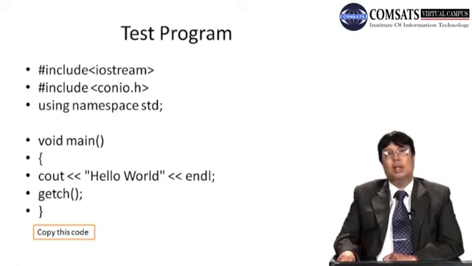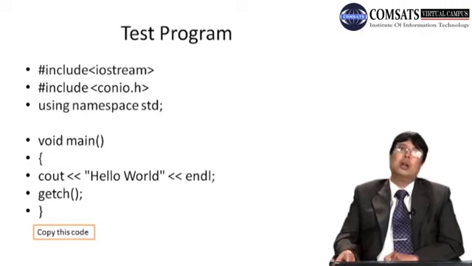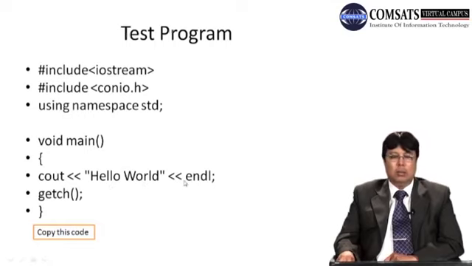Remember, we said that there is a display screen monitor where you want to display the messages or the result of your program. This particular program just contains a string which says hello world, then endl, just to put a blank line at the end of this string.